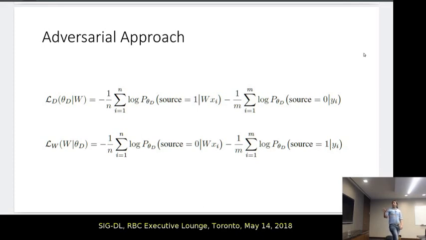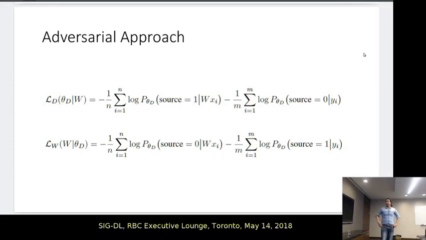Okay, so this is the adversarial approach that we talked about. The first loss is the loss function for the discriminator, and the second for the mapping. I'm not sure what I want to add, but if you have questions, just ask.